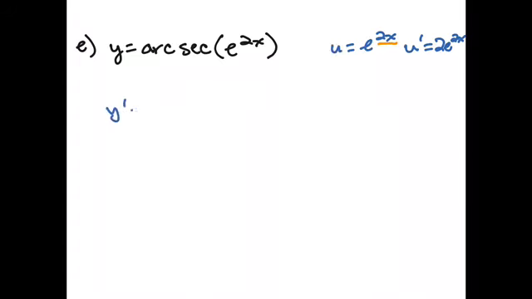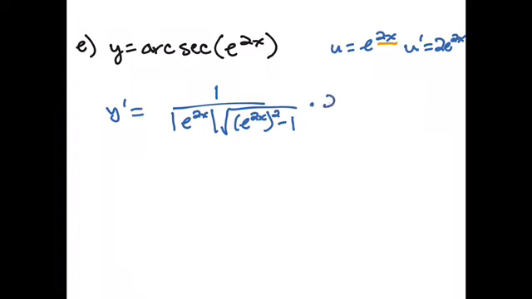Using my formula for arcsecant, I'll get 1 over the absolute value of u times the square root of u squared minus 1 times u prime.